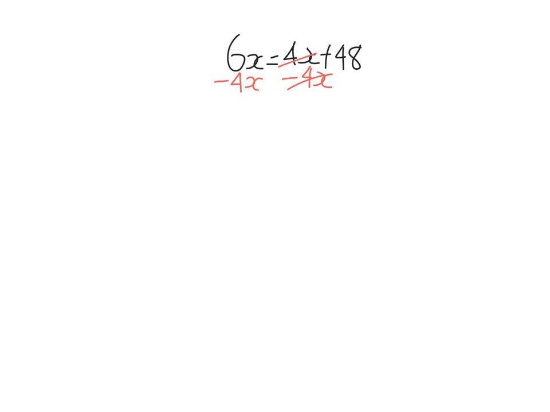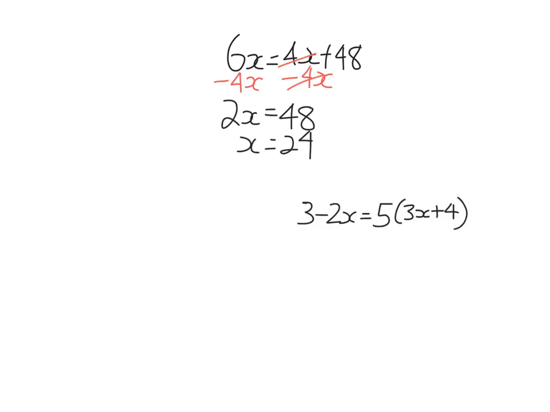So on the left-hand side, 6x minus 4x is 2x. On the right-hand side, I'm just left with 48. Divide each side by 2, and I get x equals 24. How easy is that? So when you have x on both sides of the equation, subtract the one with the lowest coefficient.